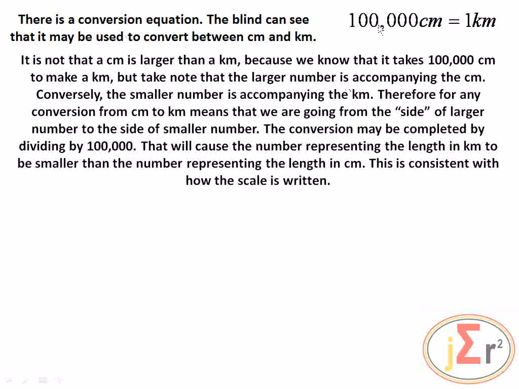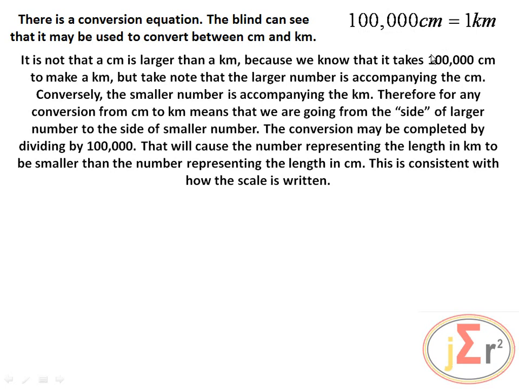That means if we are converting from centimeters to kilometers, the larger number is on the centimeter side, so when we go to kilometers, the number will be smaller. And if we are converting from kilometers to centimeters, the larger number is on this side. Therefore, after we have done the conversion, the number has to be larger than the original.